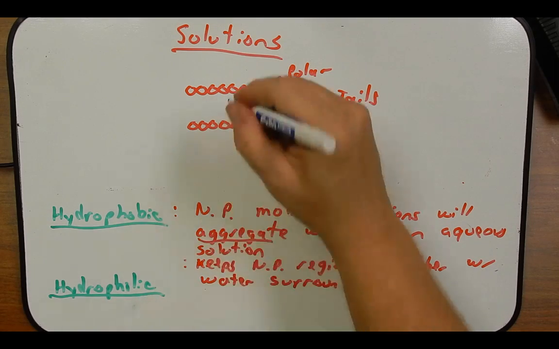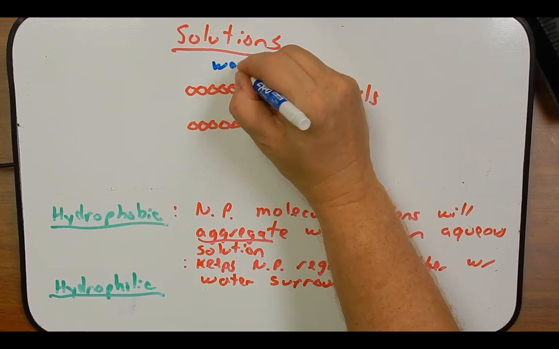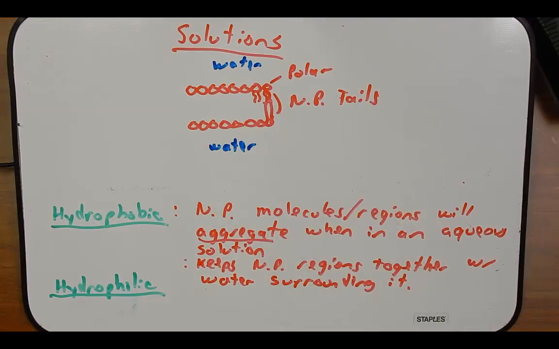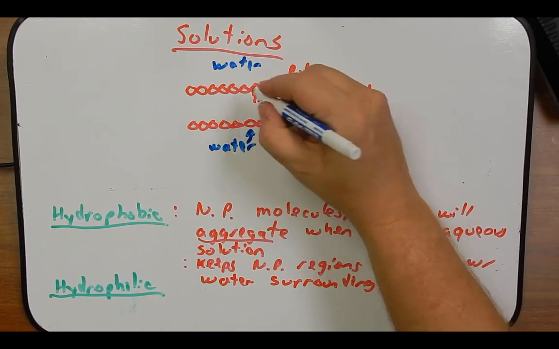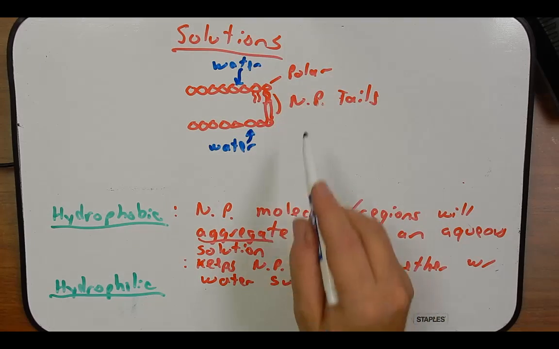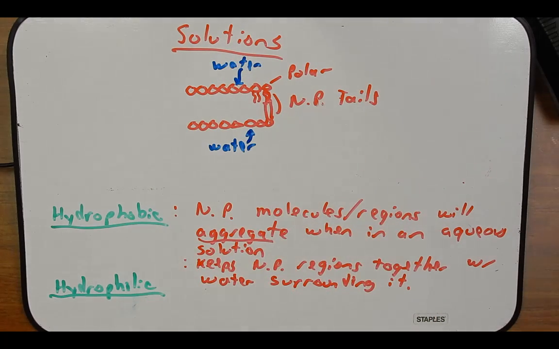The water is all out here, and it interacts with these polar parts, providing an aqueous boundary around the membrane, keeping these nonpolar tails aggregated and away from the water.